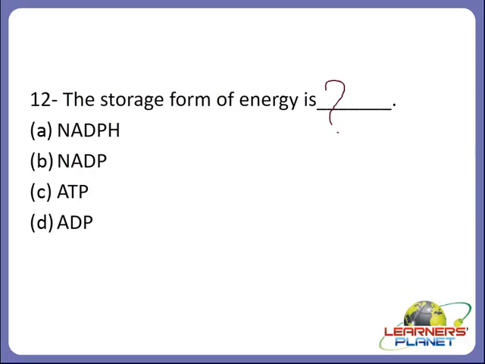These energy rich molecules are generated or used up in the biochemical reactions in different pathways. But the point is, which is the storage form? Out of all these, they are interconverted into different forms, and finally the energy released would be stored in the form of ATP.